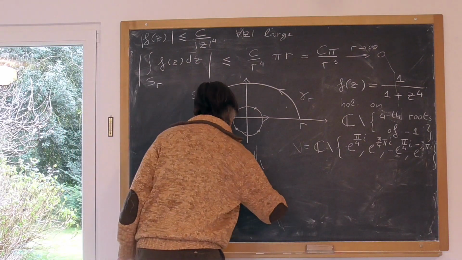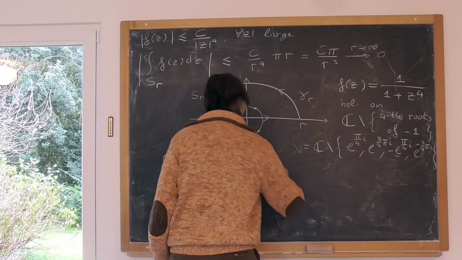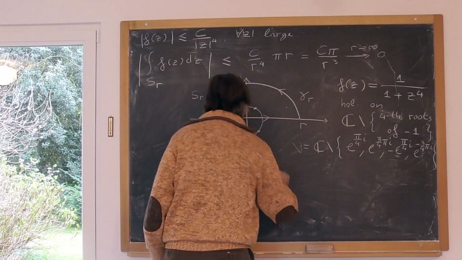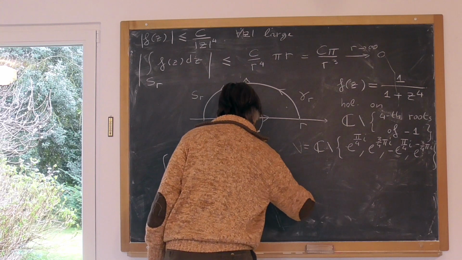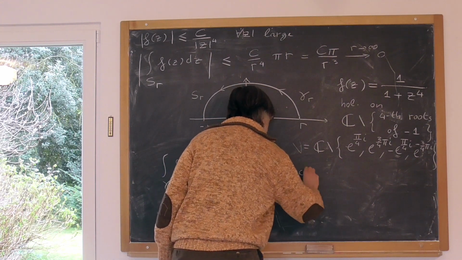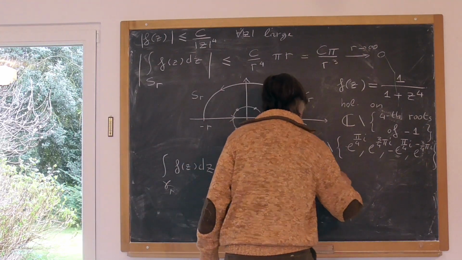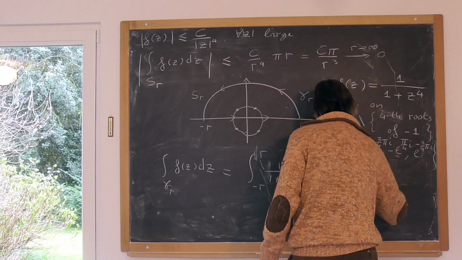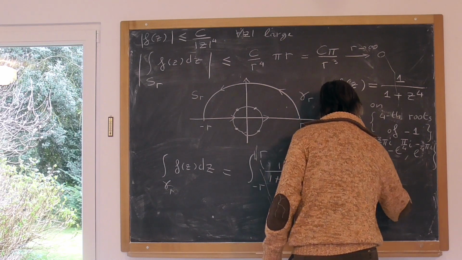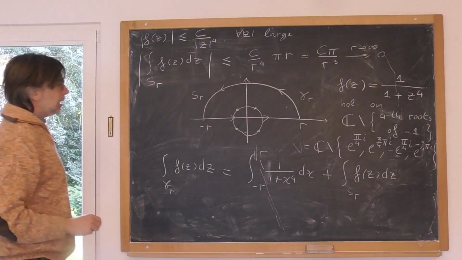One is the integral from minus R to R, which is the integral we're interested in, 1 over 1 plus x to the 4 dx, plus the integral on S_R of f(z) dz.